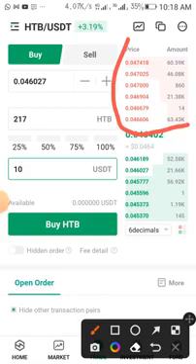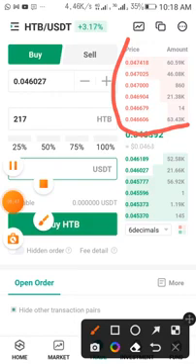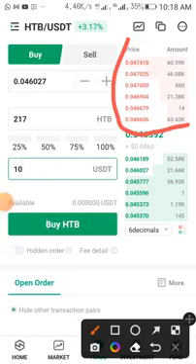Then another thing to check is if the person has the quantity I'm looking for, like I want to buy $10 worth. So I will now check if the person has up to $10 worth of what is it called, Hotbit token. So like this first person, this person has more than 7.